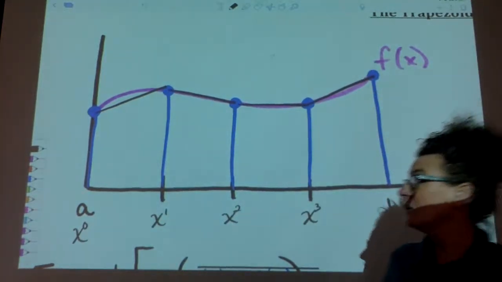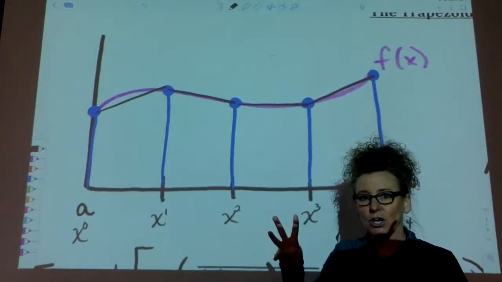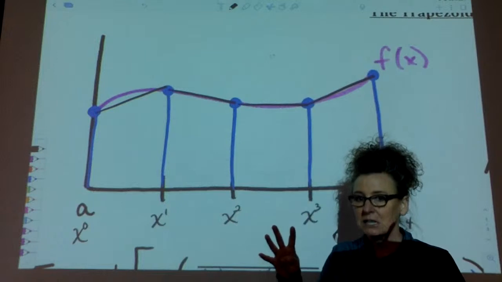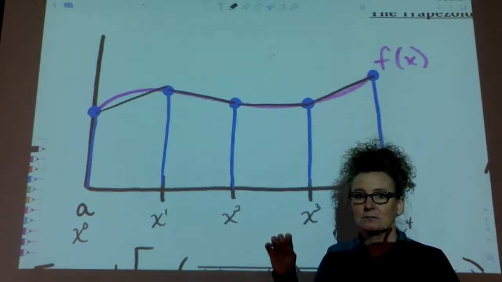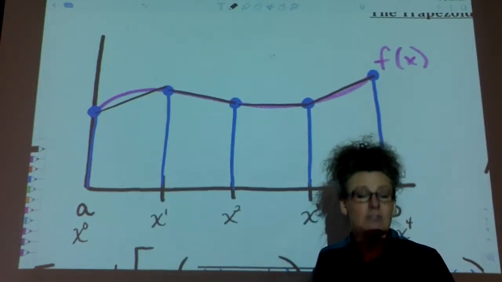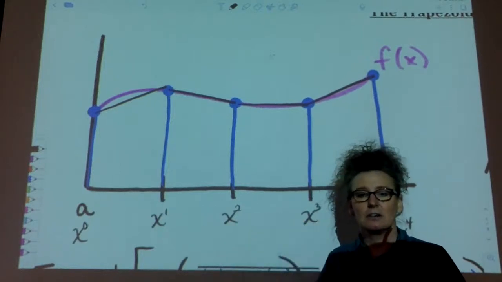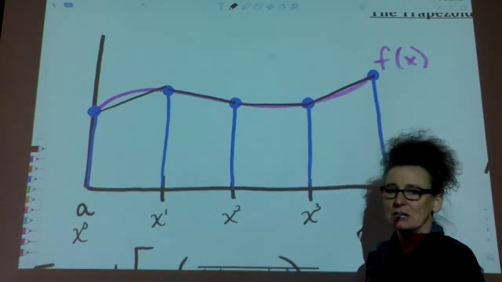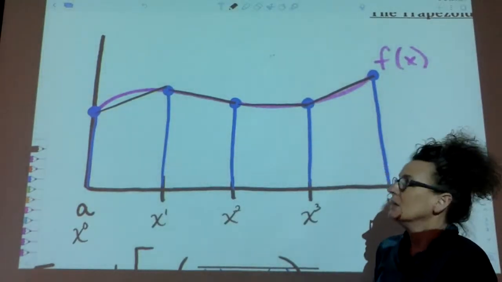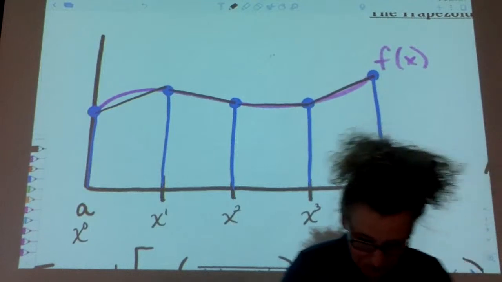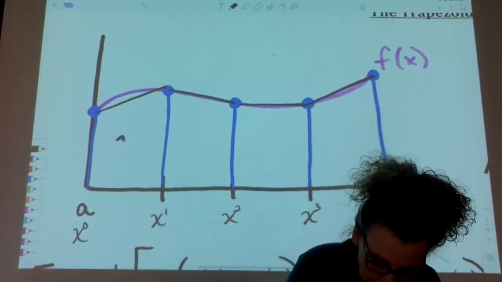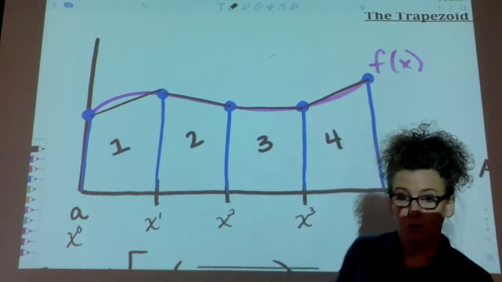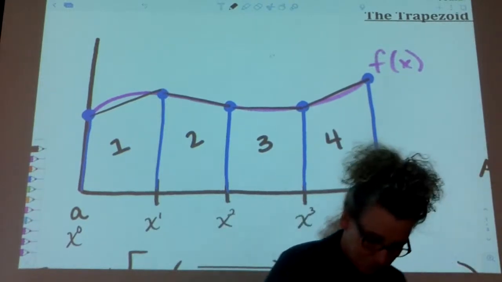Do you see how even with only 4 trapezoids, there's not much of a discrepancy for this function in finding the area? So it's going to be a decent approximation. Trapezoid number 1, number 2, number 3, number 4. I got 4 trapezoids.